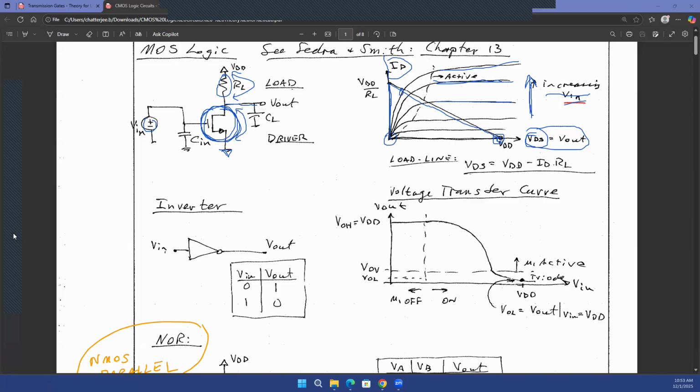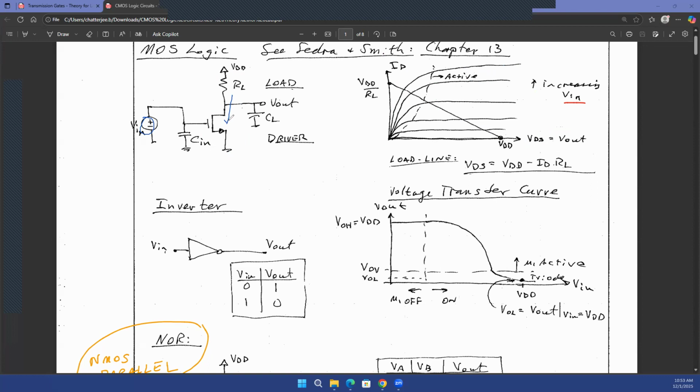Again, something that you already know. Now, something interesting here is that as you are increasing the input voltage, your output voltage goes down, right? Because as you are increasing the input voltage, the current through the transistor goes up, because current is K over 2 times the overdrive squared, or (VGS minus VT) whole squared.